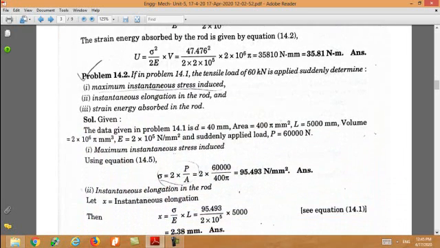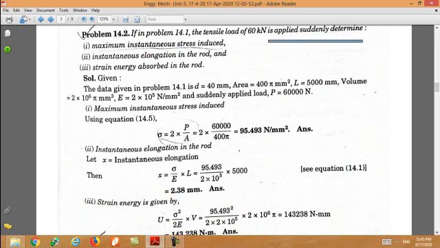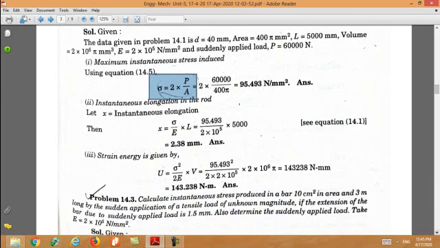In this problem, the tensile load is 60 kilonewtons and it is applied suddenly. So what happens if the load is suddenly applied? The formula of stress will change. If the load is applied suddenly, the stress is just double that of the gradually applied load, so 2 into P by A. And now you can calculate the elongation.